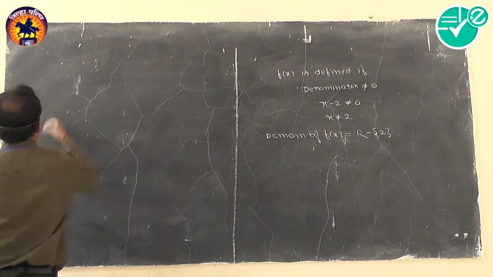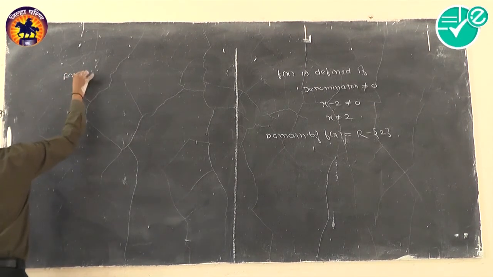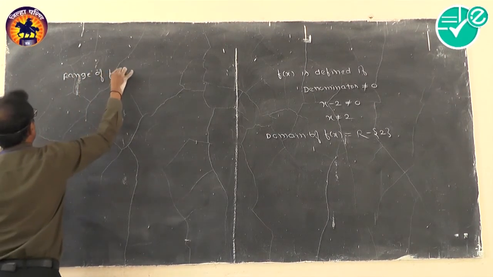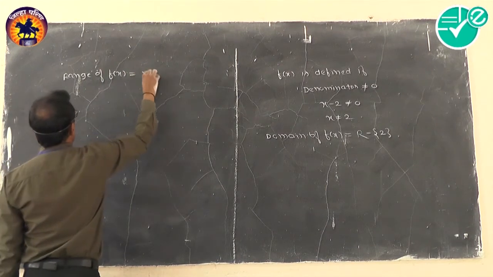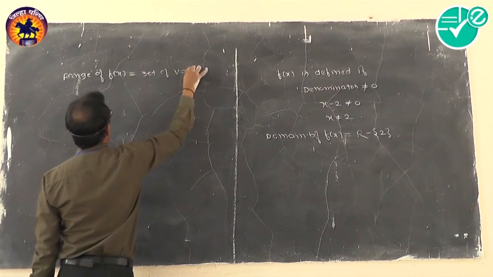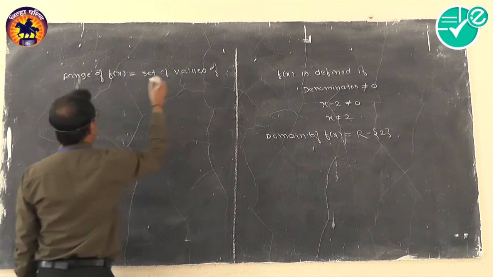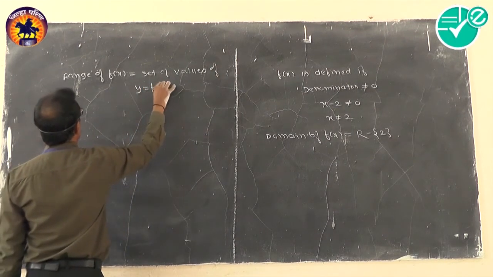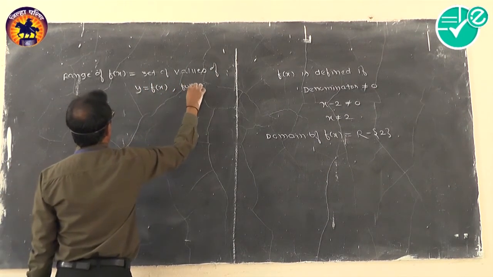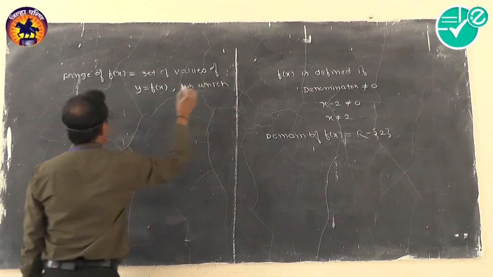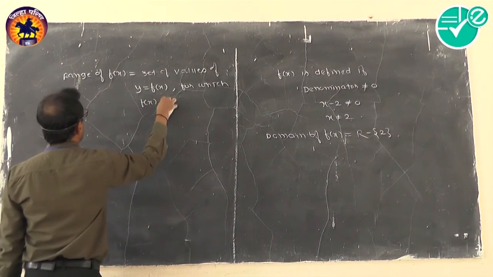Now the range of the function, the range of f of x, and the definition is like this. It is the set of values of y, the function values, for which f of x is defined.